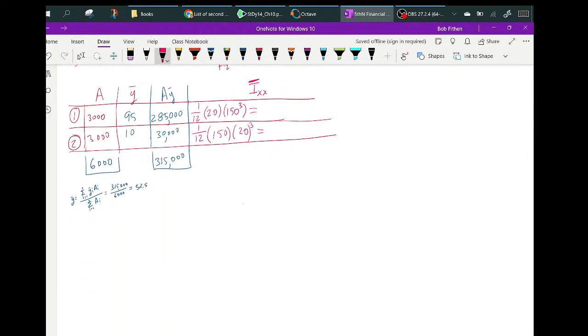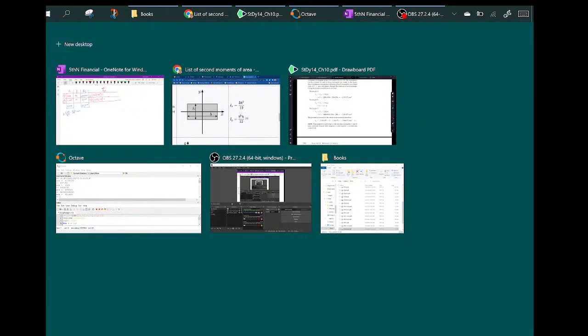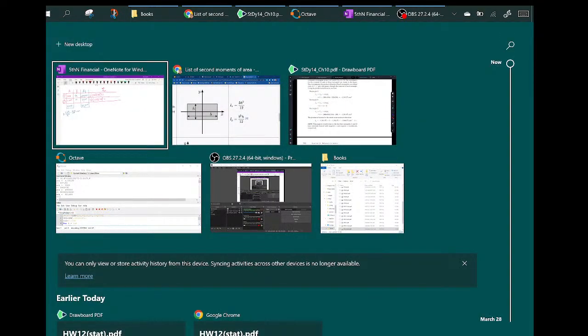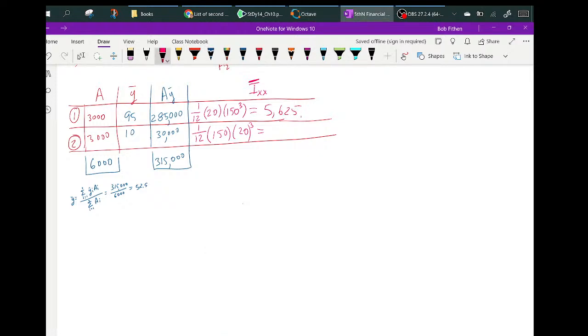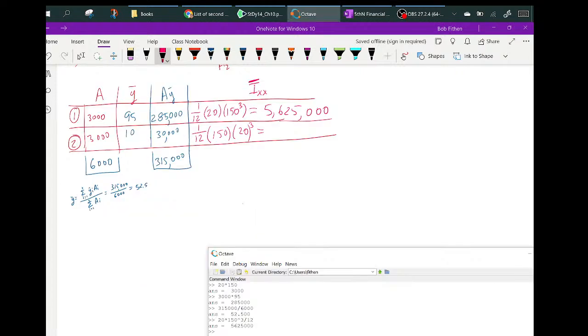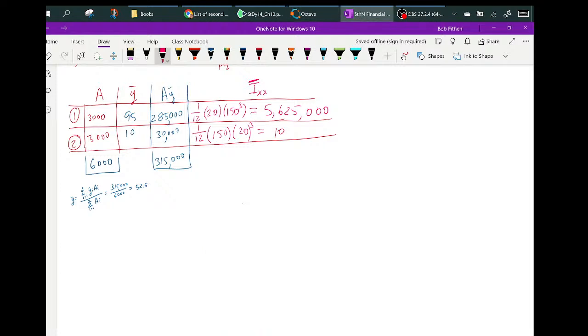And so let's slide up here. Oh, that's a different thing. Okay, let's see right there. Okay. 20 and 150 to the third by 12 gives you, okay, 5.625 times 10 to the sixth. Now, the other one, okay, 150 times 20 to the third divided by 12 is 100,000.